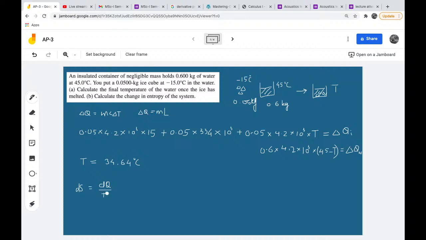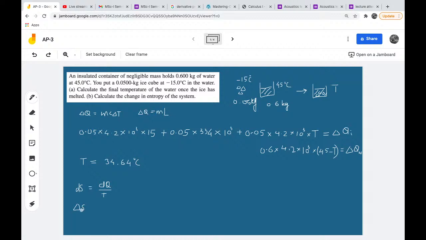At phase change, temperature is constant, so I can use this formula to calculate entropy. But if the temperature is changing, then I need to take an integration of this. An integration of this will give me a finite change in the entropy.